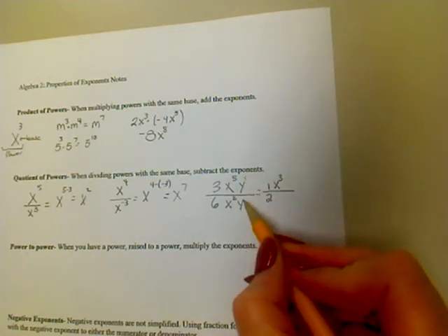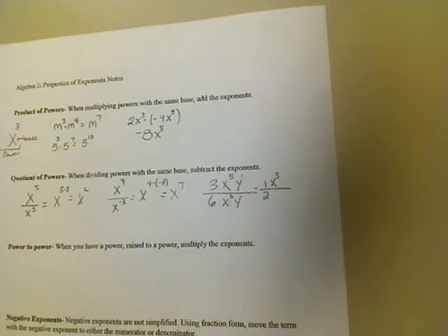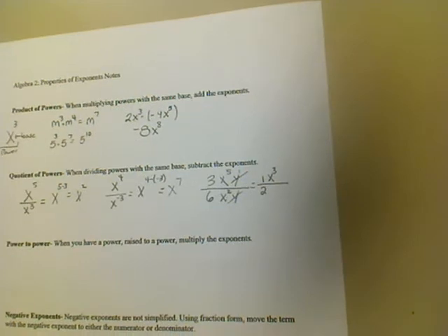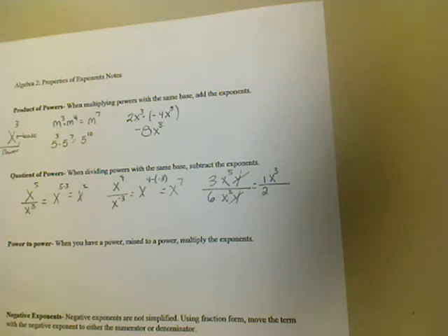But x to the first divided by x to the first, well, 1 minus 1 is 0. These cancel out. So there should not be an x in our answer. And some people kind of miss that one too. I think it was problem number 6 or 5. And that's how you divide powers with the same base. Can I answer any questions about that from anybody in the class or anybody online?